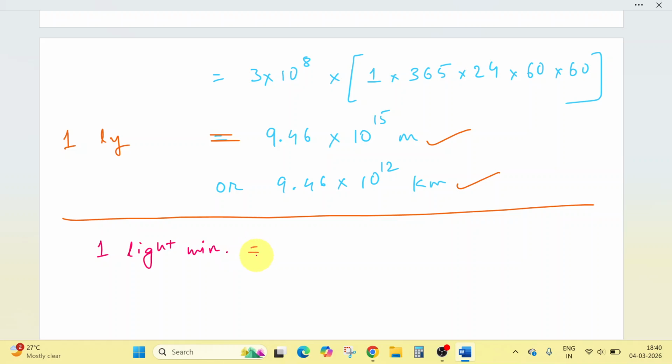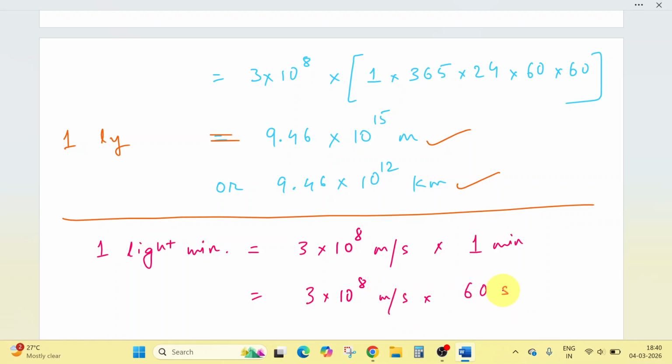Distance traveled by light in 1 minute. So it will be speed of light into 1 minute. Speed of light is 3 into 10 to the power 8 meter per second into 1 minute. So in the next line, what you will write? 3 into 10 to the power 8 meter per second into 1 minute, which is basically 60 seconds.